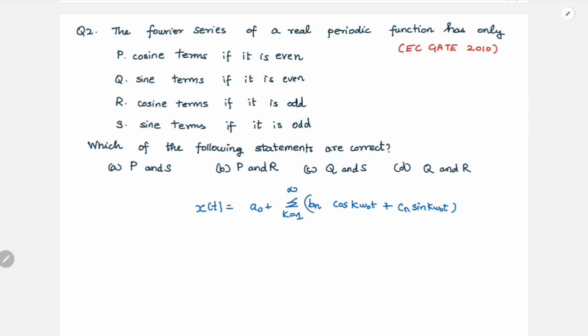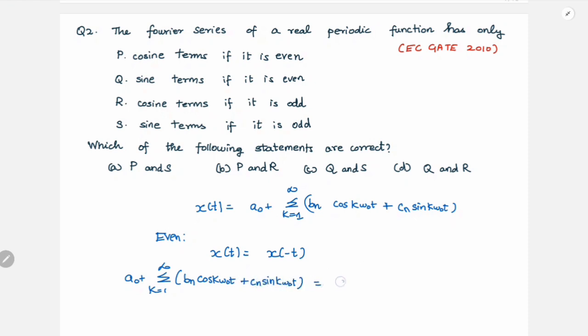And they're asking what happens if it is even, and what happens if it is odd. So let us see what happens if it is even. So x of t is equal to x of minus t. So x of t is nothing but a naught plus summation k equal to 1 to infinity bn cos k omega naught t plus cn sin k omega naught t.